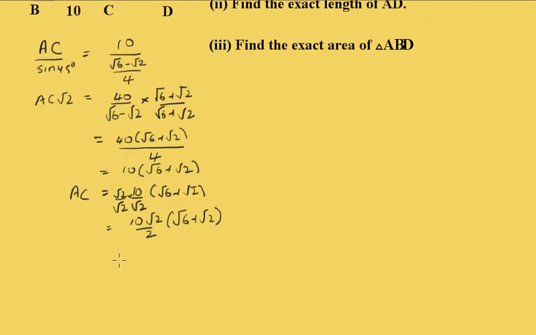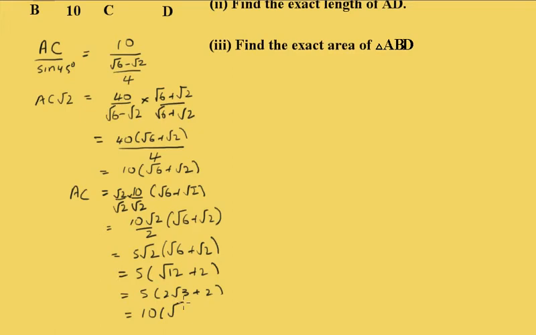So almost there. That's 5 root 2 outside of root 6 plus root 2. Taking the root 2 inside, we get 5 outside of root 12 plus 2. Again, simplifying the root 12, we get 2 root 3 plus 2. And taking the 2 back outside, we get 10 outside of root 3 plus 1. And that gives us the length of AC.